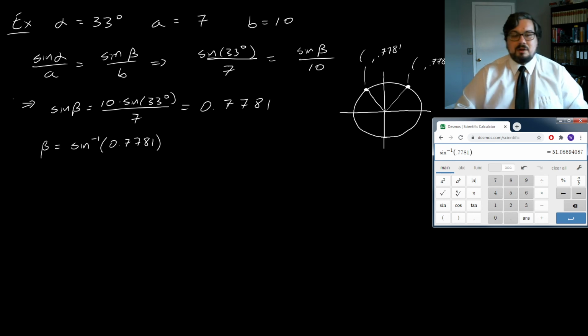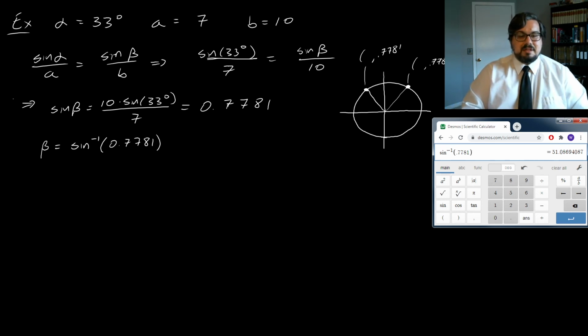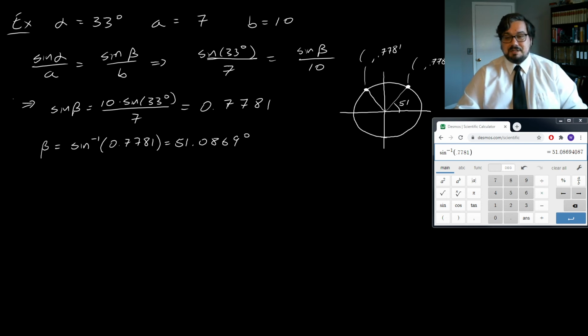We're in degree mode, and so that gives us 51.0869 degrees. So that's this one right here. This is the one that's approximately 51 degrees.